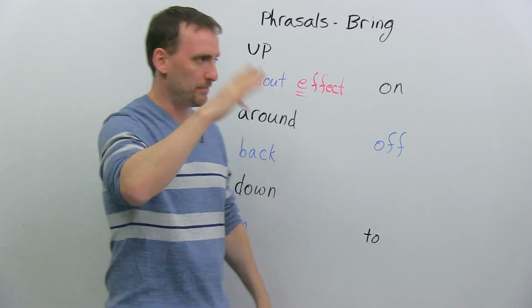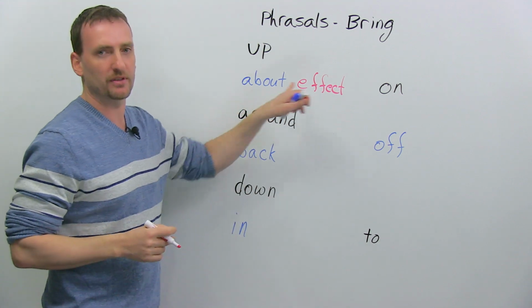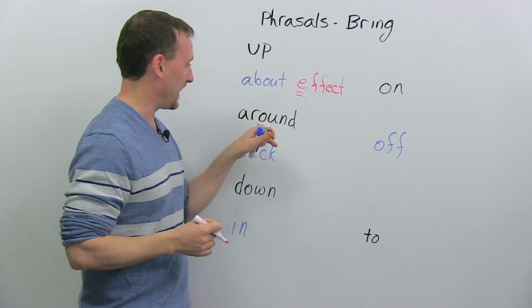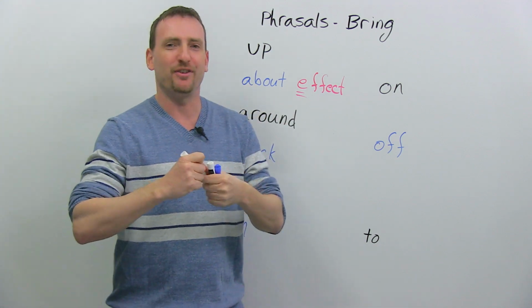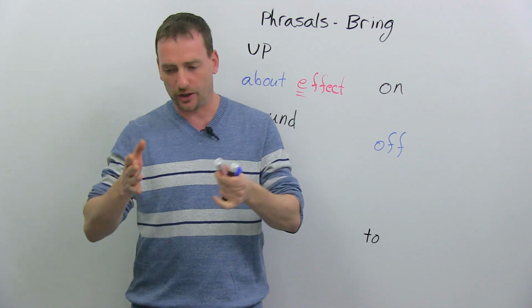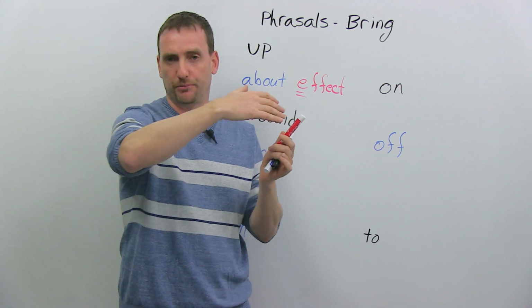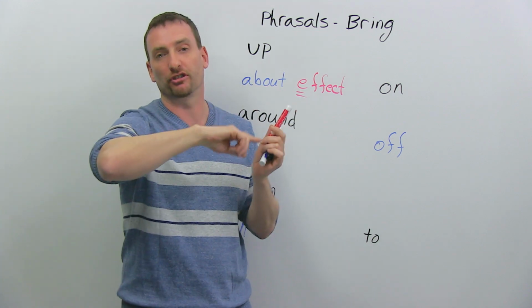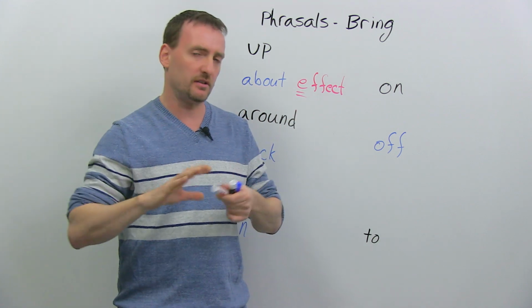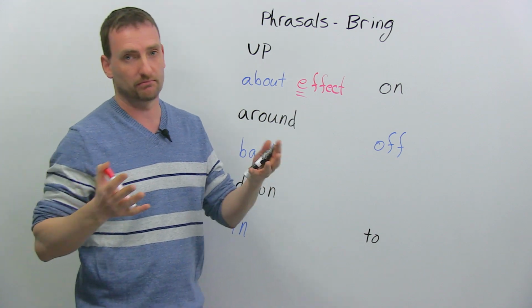A can be a verb and a noun, but that's a whole other lesson. Bring about, effect, same meaning. Okay, another bring about. If you're ever on a ship and you need to turn that ship and bring it back to the port, then you have to bring it about. Basically means turn around. But we use this mostly with ships.